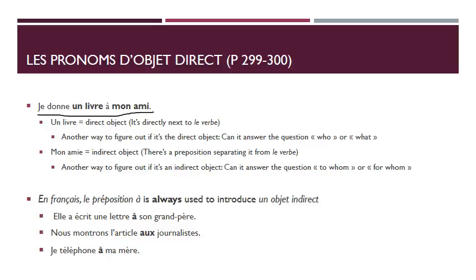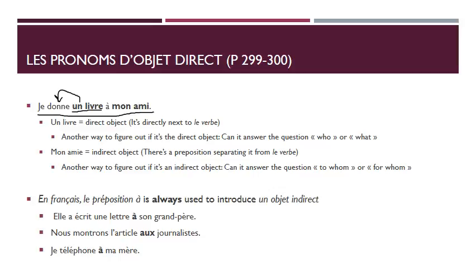So un livre in this sentence is a direct object. How do we know? It is right next to the verb. And for those of you who are not really into grammar, you're about to get amazing at English and French grammar all at one time. So direct objects are directly next to the verb. Easiest way to remember. Indirect objects have something that separates them from the verb.